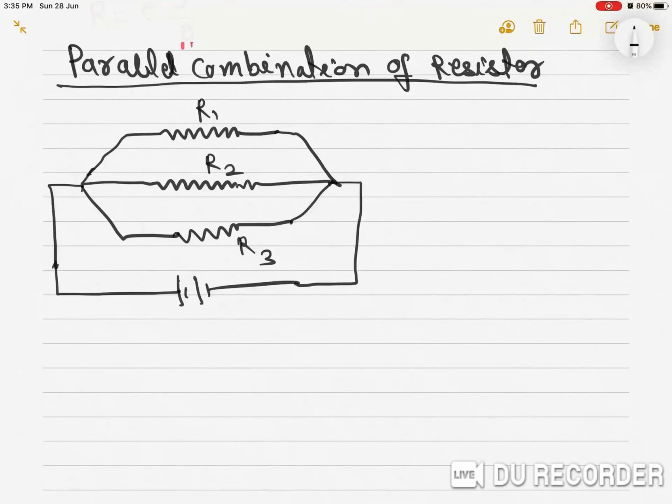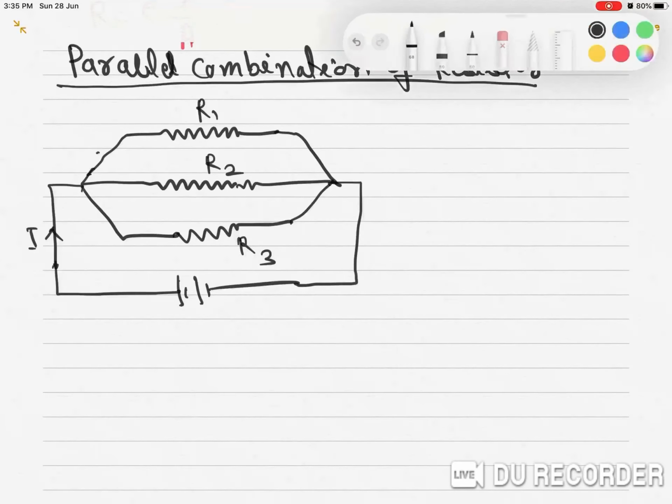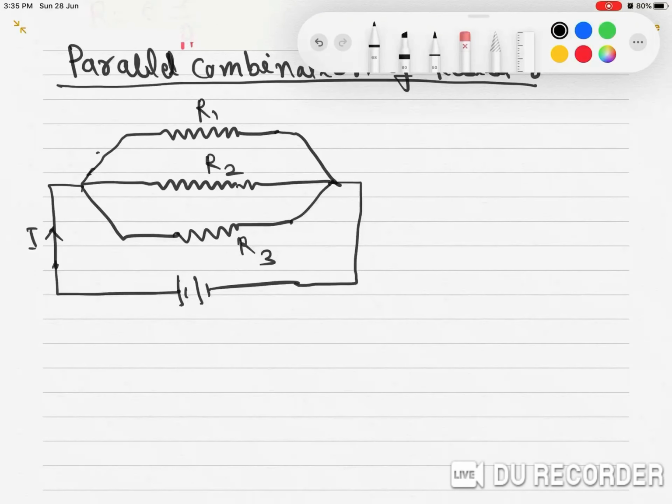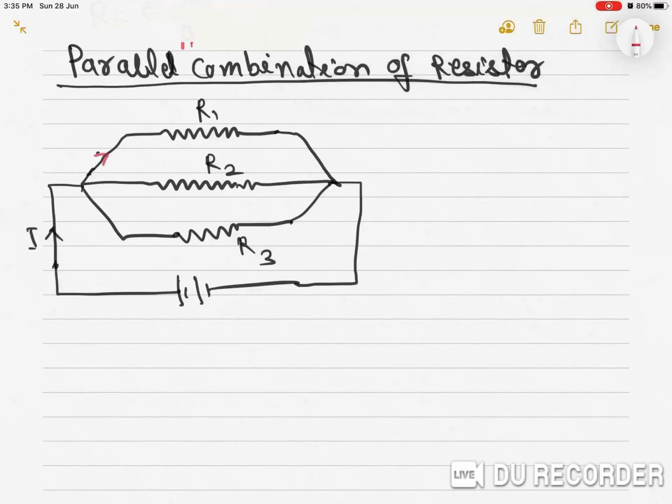In parallel combination, current divides. Let current I be flowing from the battery, it will be divided into I1, I2, I3.